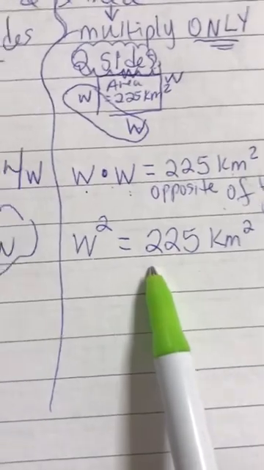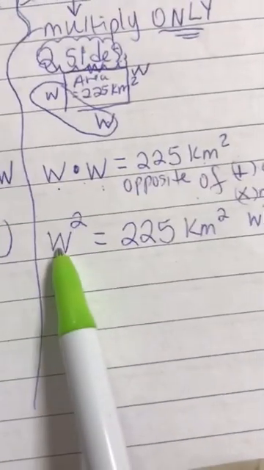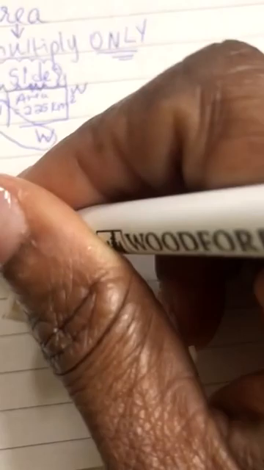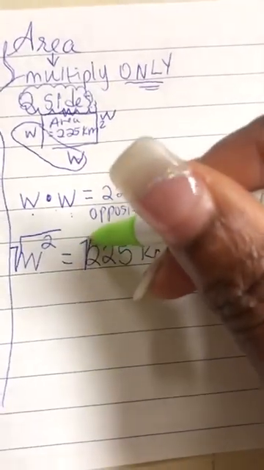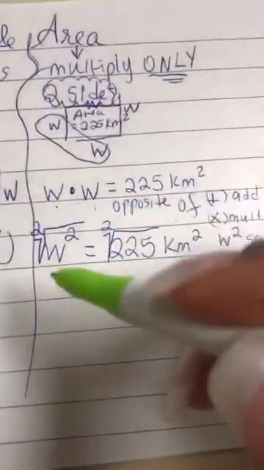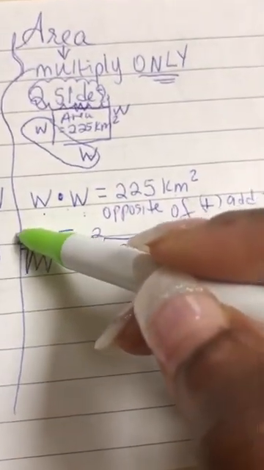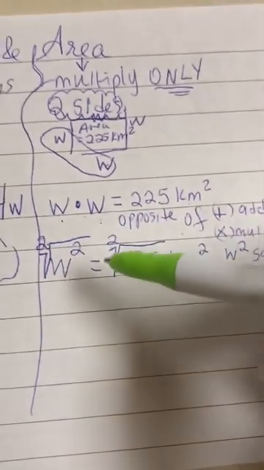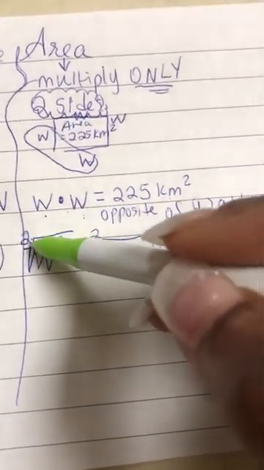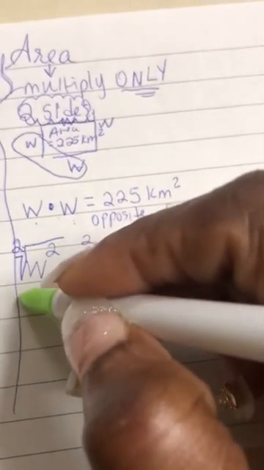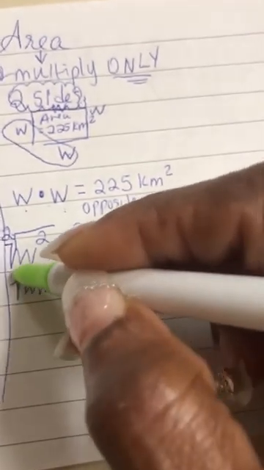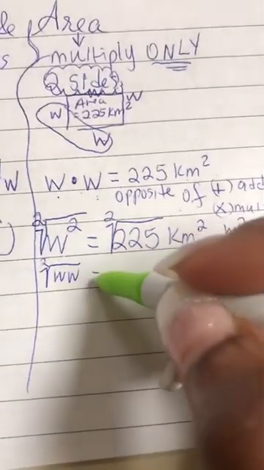So in order to get the opposite of this W squared, to get one W by itself, I have to take the square root of this side and also the square root of this side. And remember there's an imaginary 2 here and an imaginary 2 here. This 2 tells me, how many groups of 2 can I circle? W squared really means that there's 2 W's in here.